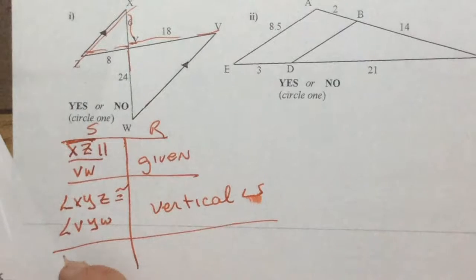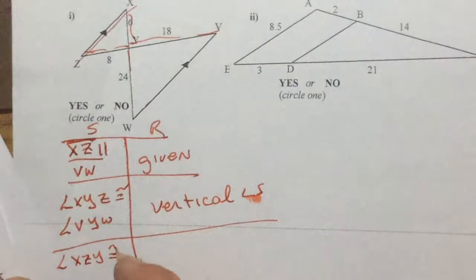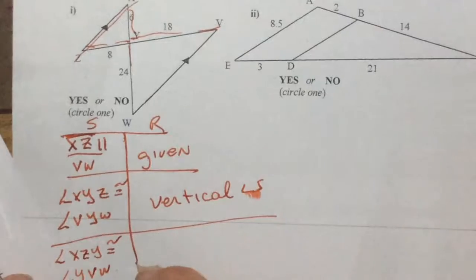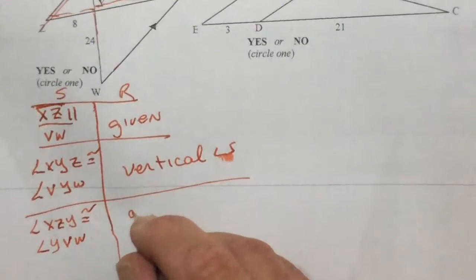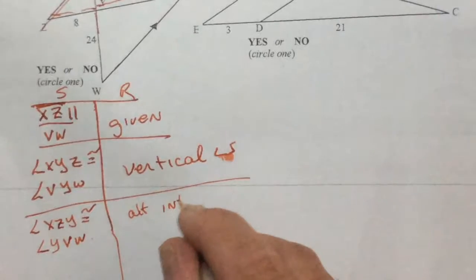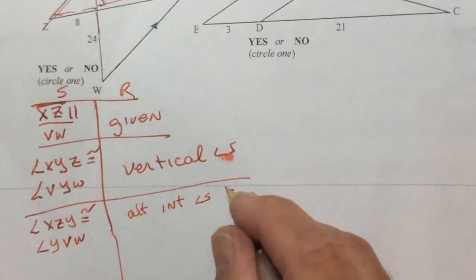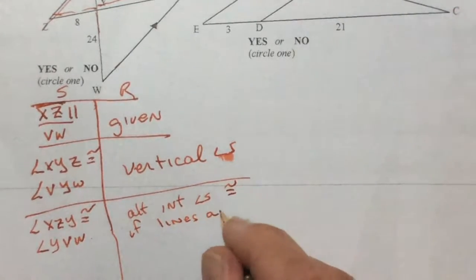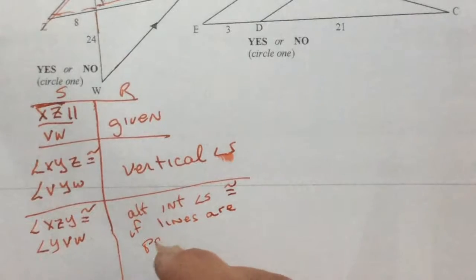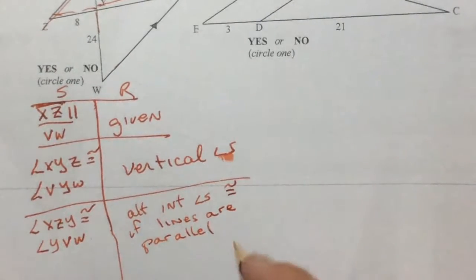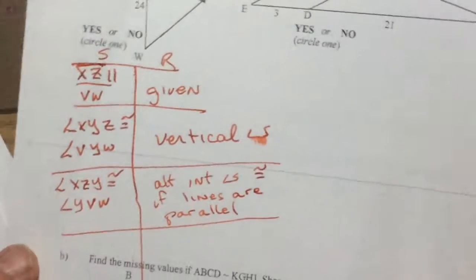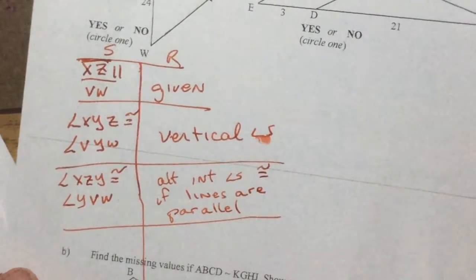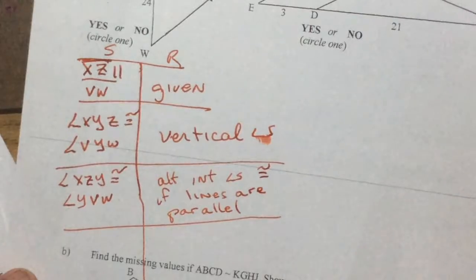So we can say with certainty that angle XZY is congruent to angle YVW because alternate interior angles are congruent if the lines are parallel. You can't just say alternate interior angles are congruent, because I'm going to ask you, are they always congruent? You're going to have to say no, only sometimes.